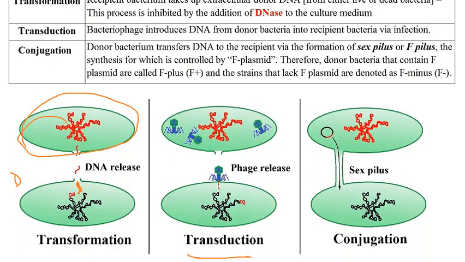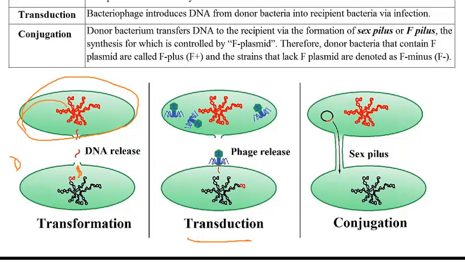The next mechanism, as we just discussed, is conjugation, where the donor bacteria is able to transfer DNA to the recipient with the formation of the sex pili. And the bacteria that are able to form the sex pili have the F plasmids. Those are called F plus bacteria, versus the ones that don't have it are called F minus bacteria.